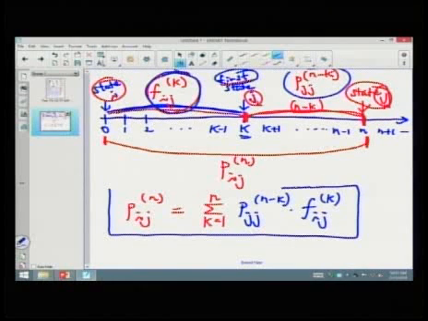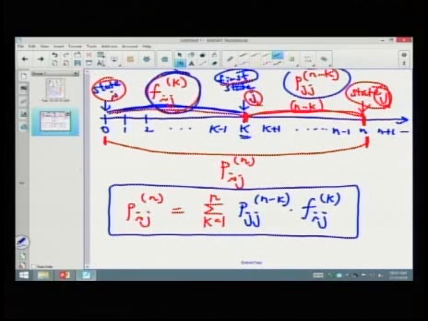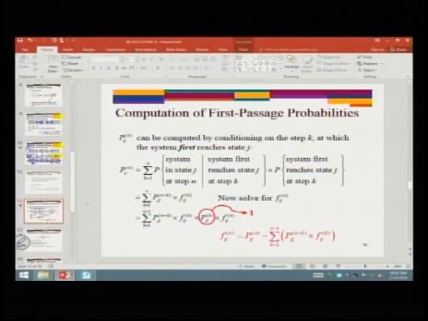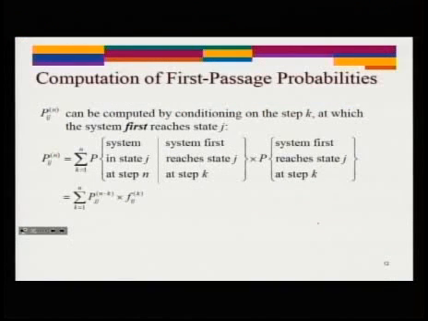That's why we come up with this formula, which is exactly the same as this part. Does that make sense?